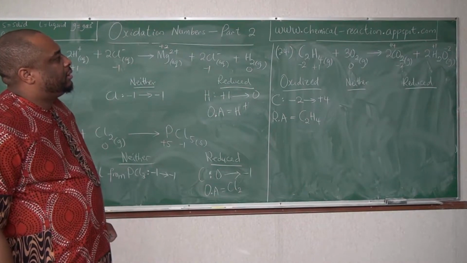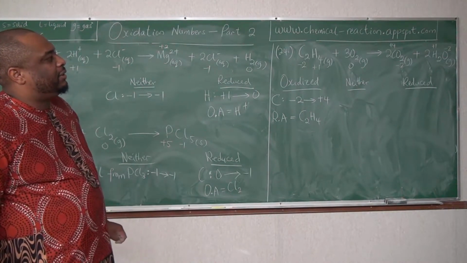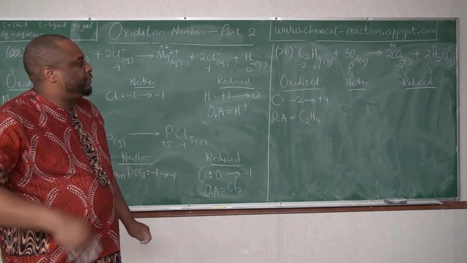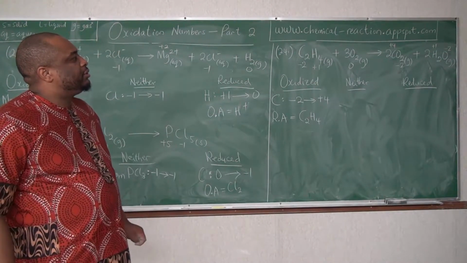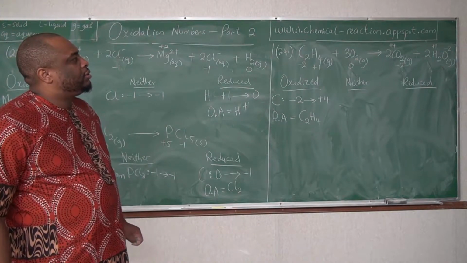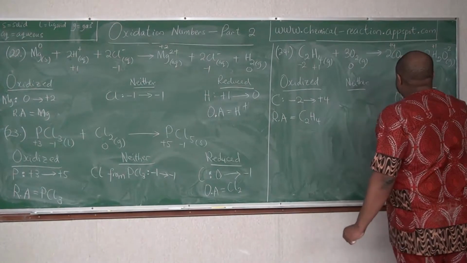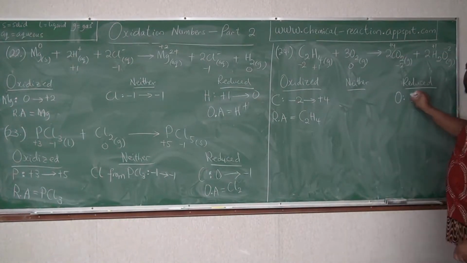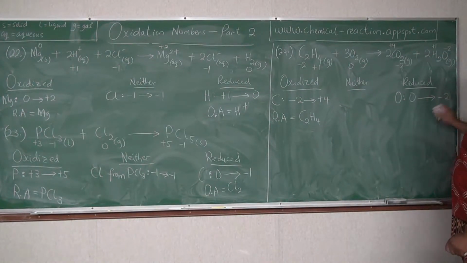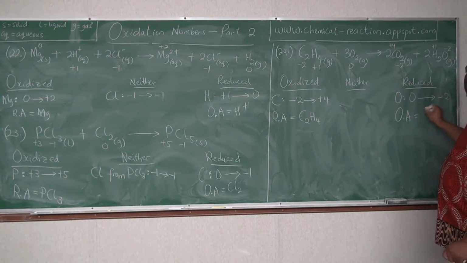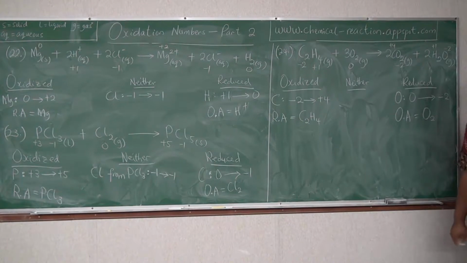Oxygen is reduced from 0 to -2. That's reduction. So oxygen is reduced from 0 to -2, so the oxidizing agent is oxygen.